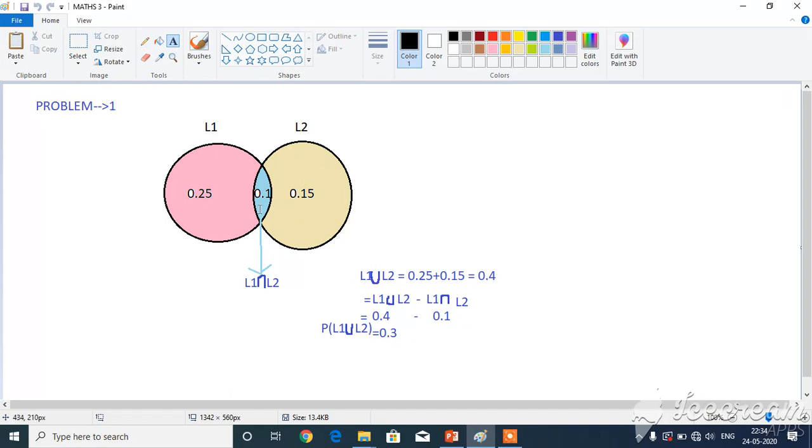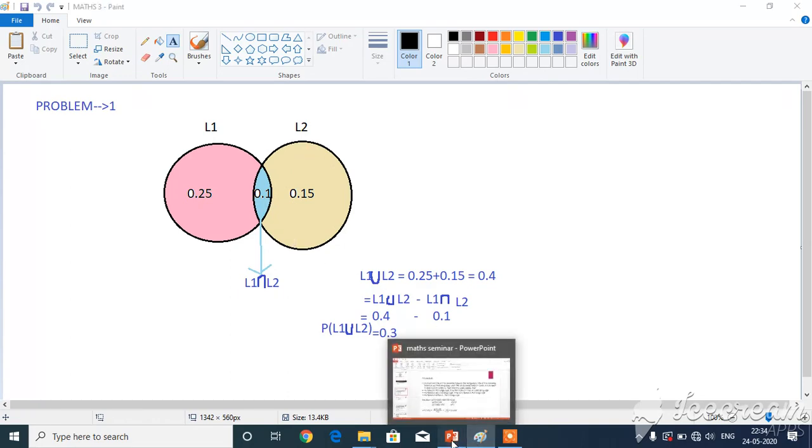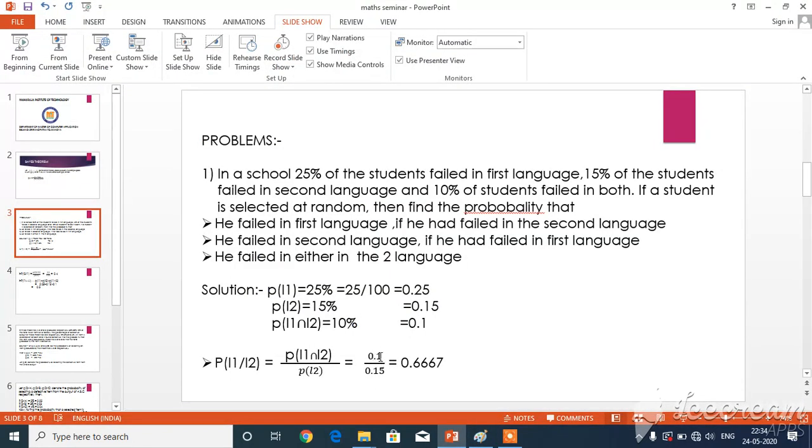Here we have to find the students failed in L1 within L2. The intersection is 0.1, and P of L2, the whole space, is 0.15. So the answer is 0.667.